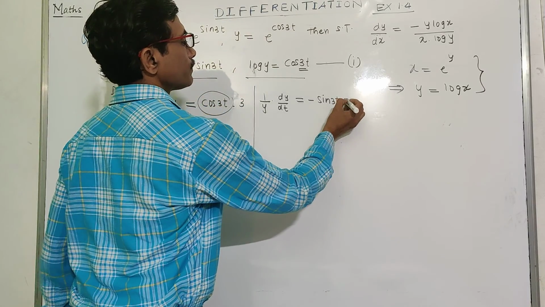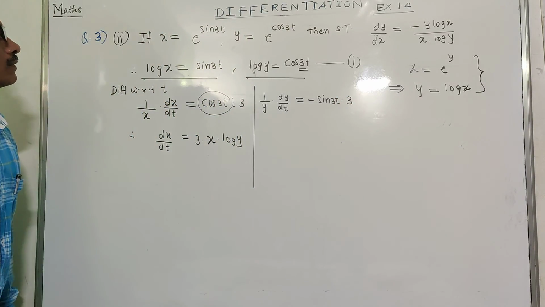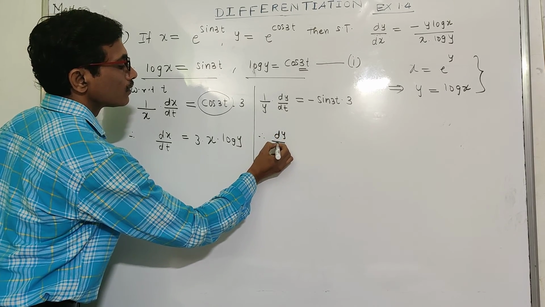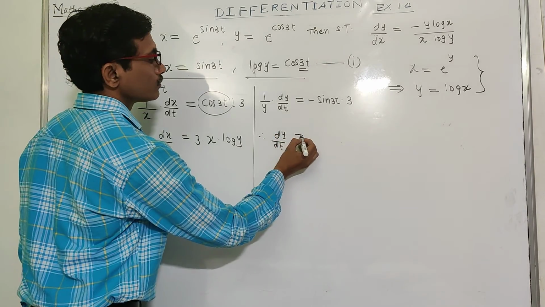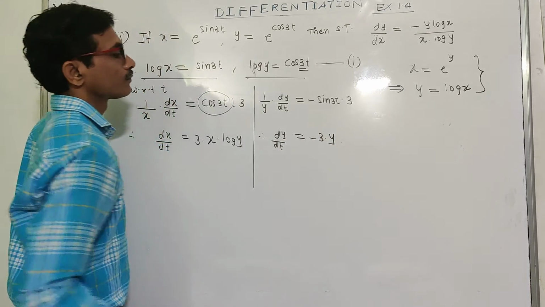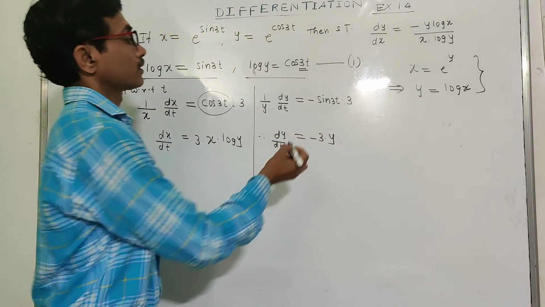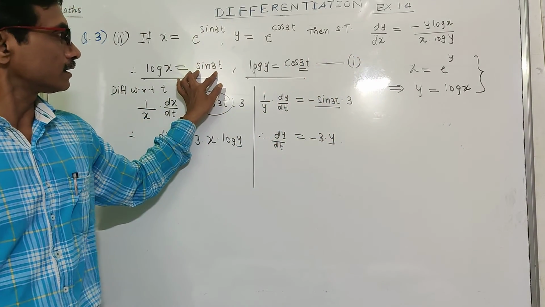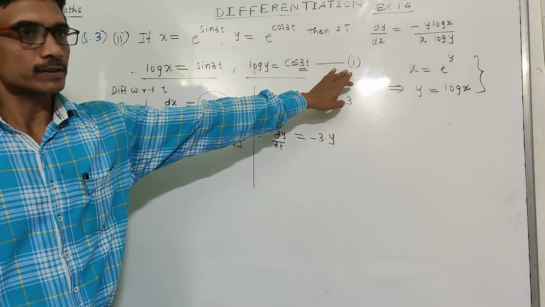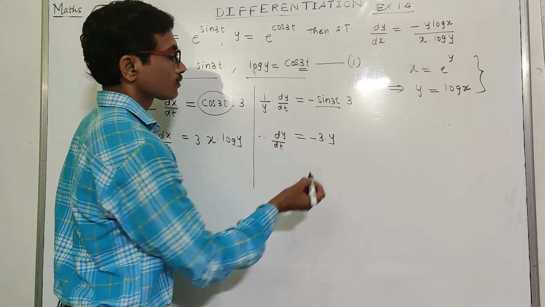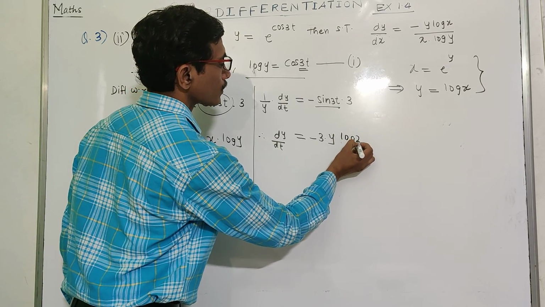So dy by dt is equal to minus 3y multiplied by sin 3t. As we said earlier, what is sin 3t? In equation 1 that is log x. So in place of sin 3t we put log x.